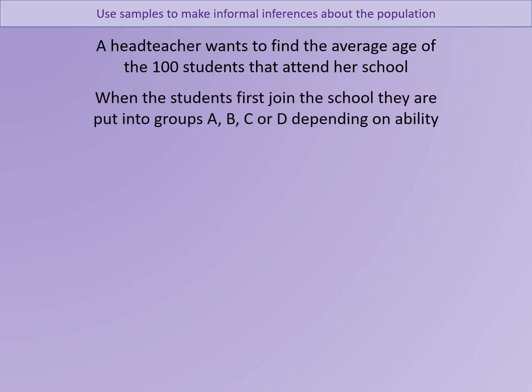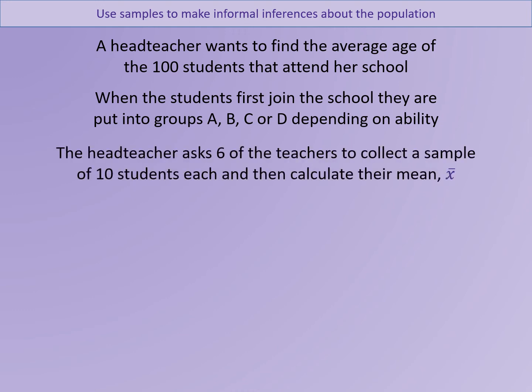And when they first join the school, they are put into an ability group, A, B, C, or D. And the head teacher asks 6 of the teachers to collect a sample of 10 students from the 100 within the whole school and to calculate the mean of those 10 students that they sample.